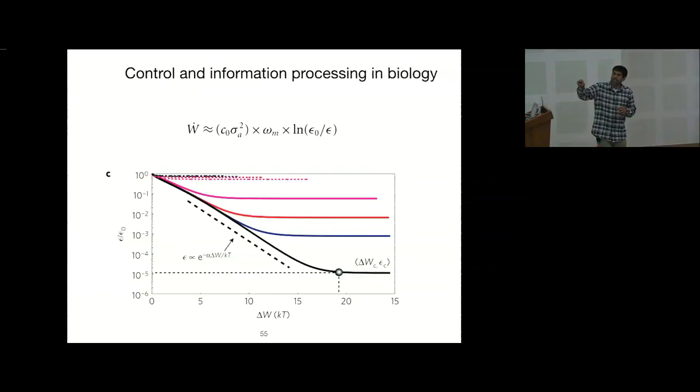You actually see scaling laws of this sort emerge, and this seems to be reasonably robust for this class of models. You see that the error rate, which is again given by epsilon, does indeed depend on how much energy you consume, and you have this logarithmic or exponential dependence, which seems to constrain the error rates.